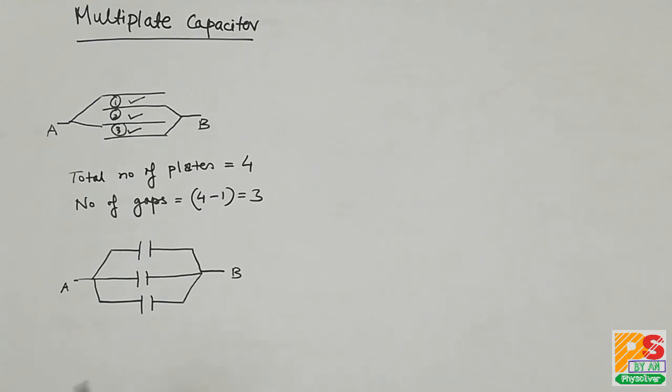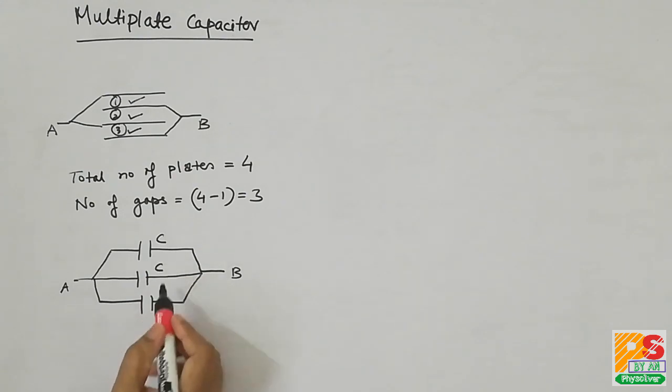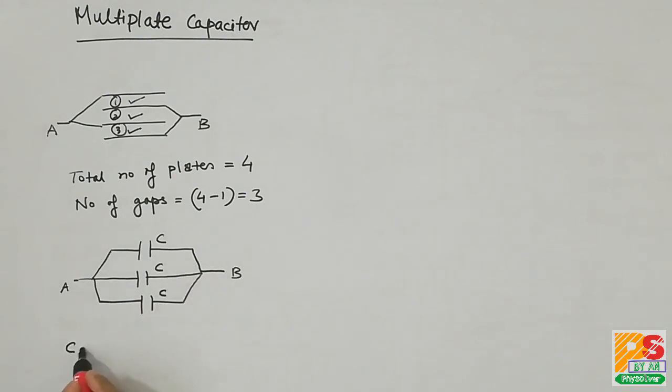Therefore these 3 capacitors are connected in parallel. Therefore the answer will be C equivalent equals C plus C plus C equals 3C, and we know C can be written as Kε₀A/d. So our answer is 3Kε₀A/d.